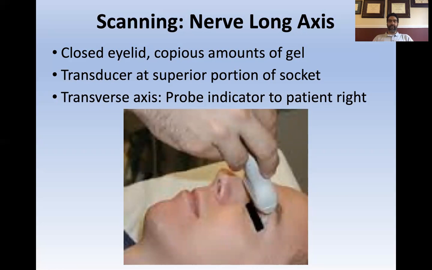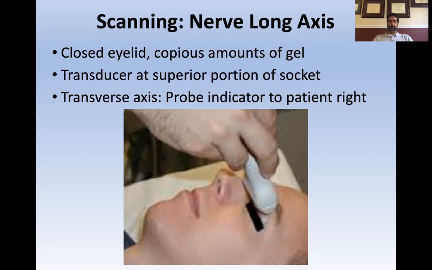Use the little packets of gel and put the gel directly on top of a closed eyelid, and put the clean transducer directly on top of the gel. Really, really light pressure. In transverse axis, the dot is going to point to the patient's right. Unlike what's shown in this image, you really want to make sure you're anchoring your hand so you're not pressing down too hard on the eyeball.